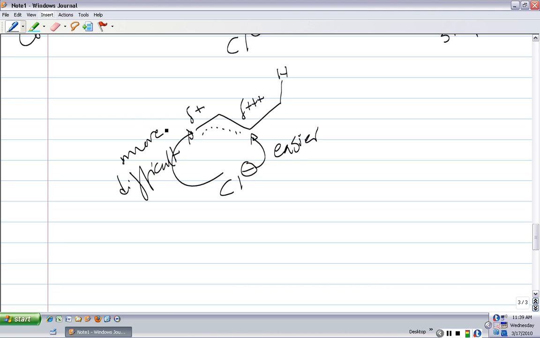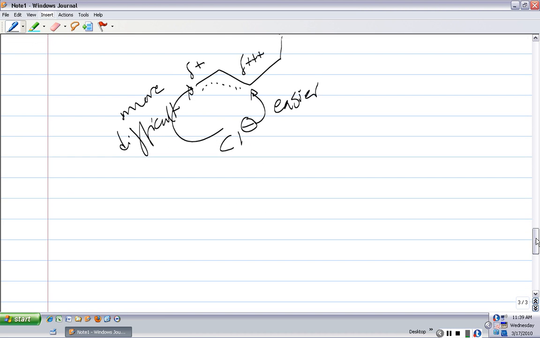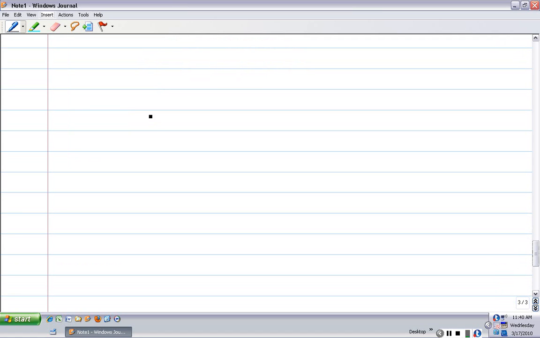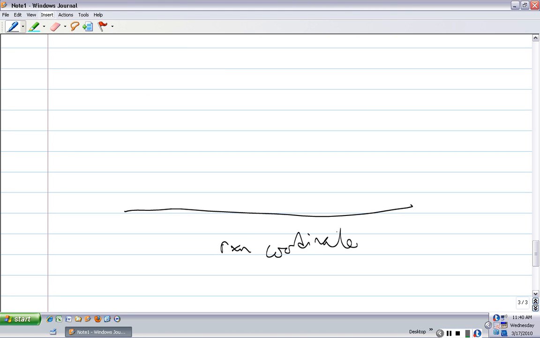Now, how do we indicate ease of reaction in a reaction profile diagram? So what I'm going to do is I'm going to draw a reaction profile diagram that looks as follows. I'm going to have my reaction coordinate, and I'm going to have energy on the vertical axis.